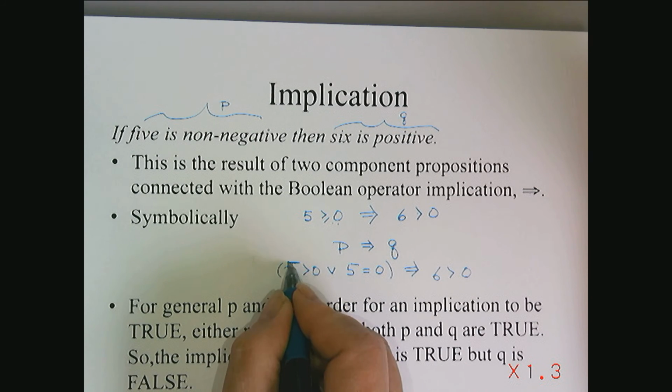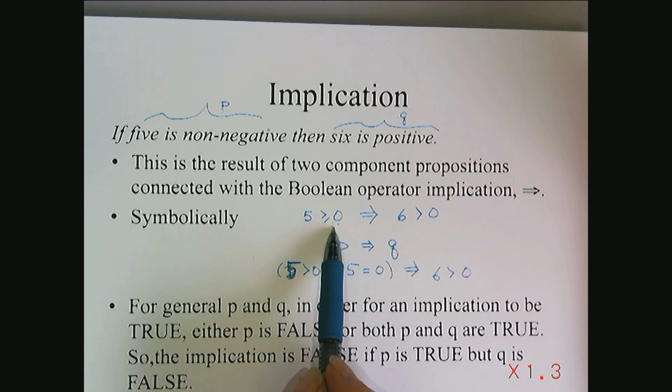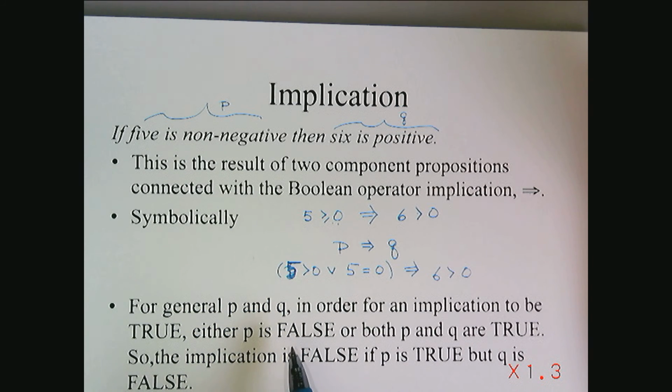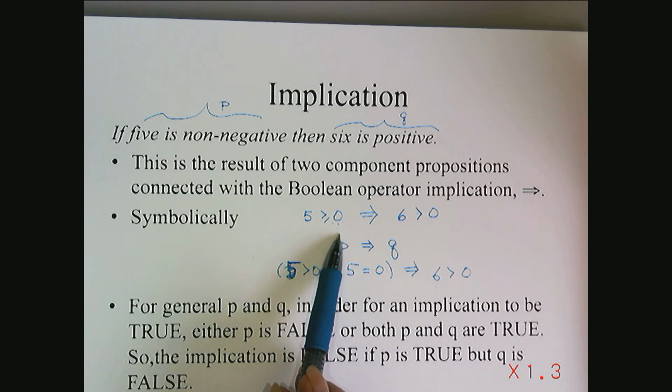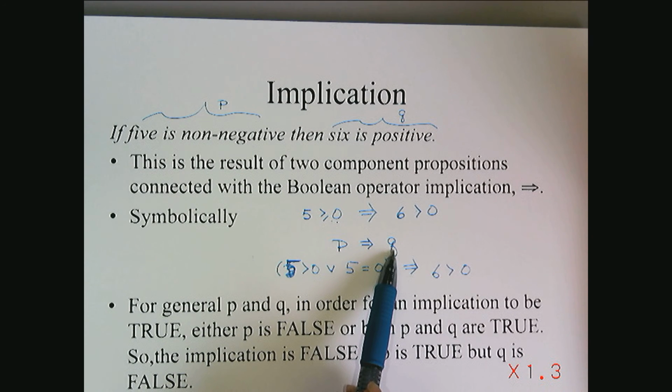Okay, now when I'm trying to determine whether the result of the implication operator is true or false, it turns out that as long as P in general is false, the expression is going to be true.